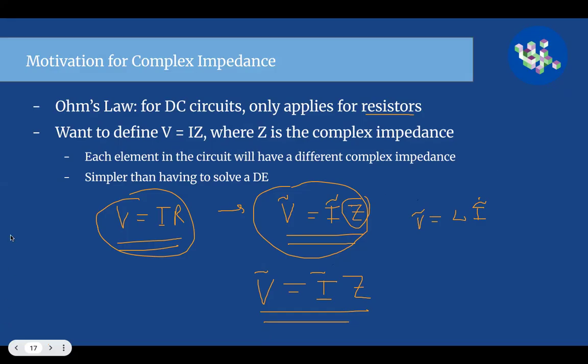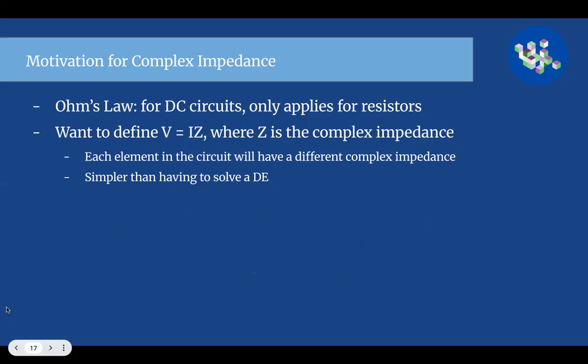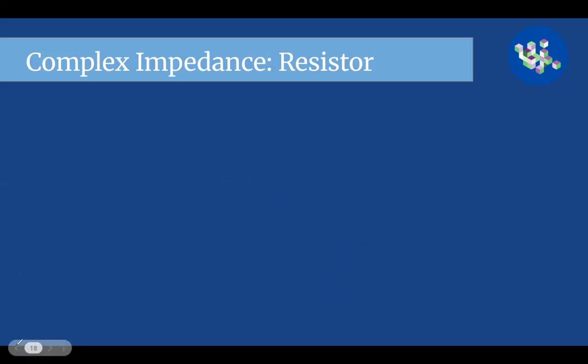Let's try to derive the complex impedance for different types of elements in an AC circuit. All right, let's first talk about resistors. Remember when we have a resistor, we have V equals I times R.